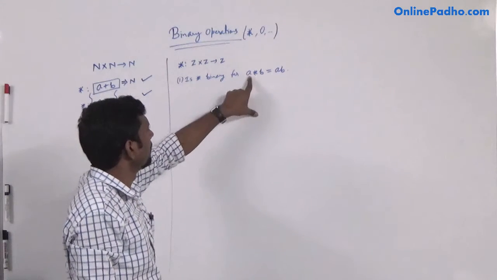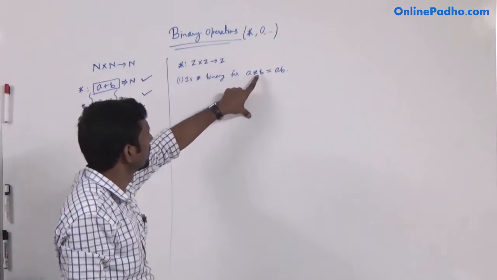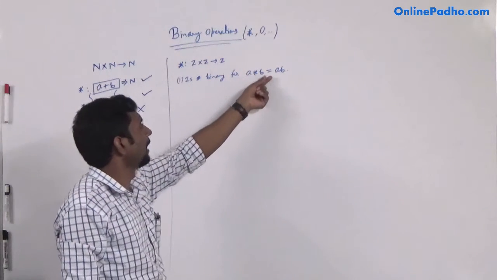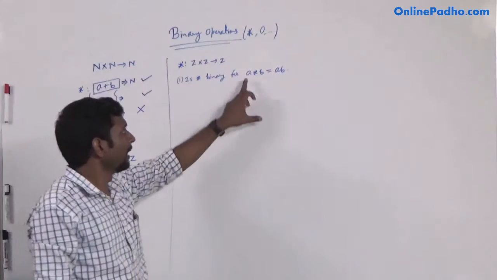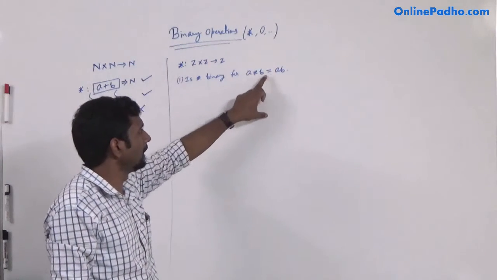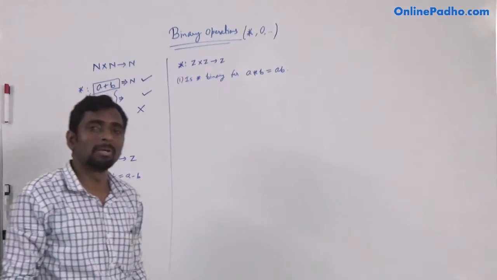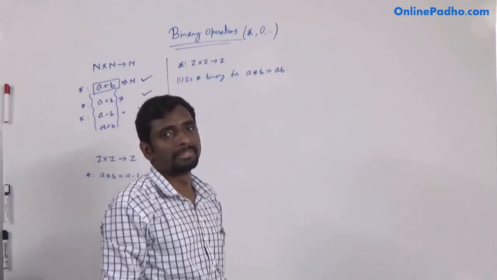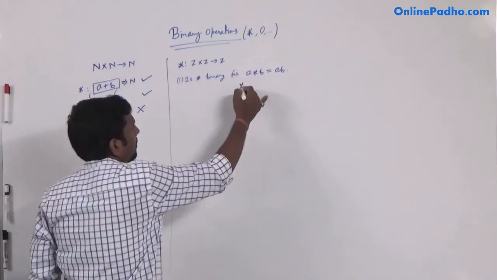Integers and integers, and the result must be an integer. So a and b are two integers. Is the product of two integers an integer? Yes. The product of two integers is always an integer. So we can say that star is a binary operation.